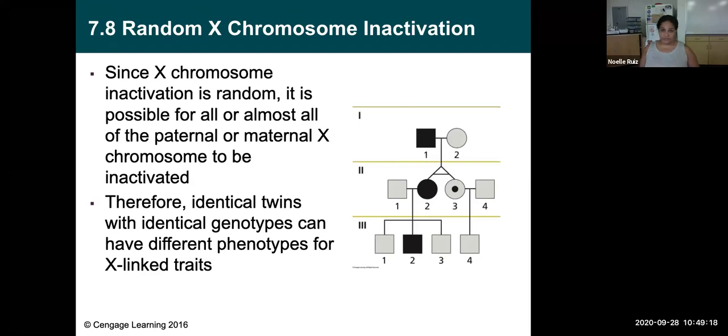Random X chromosome inactivation. Since X chromosome inactivation is random, it's possible for all or almost all of the paternal or maternal chromosomes to be inactivated. Like I said, we only use one or the other. Therefore, there can be identical twins with identical genotypes, but they can have different phenotypes for X-linked traits.